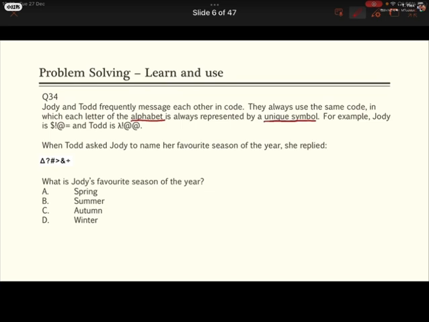Hang on a second. You definitely can have that concept in your mind, but don't be so obsessed with it, because we haven't finished reading the question yet. We might have that knowledge ready in our mind, but don't let the knowledge mislead you. The preconcept we have might help us, but sometimes it might mislead us.